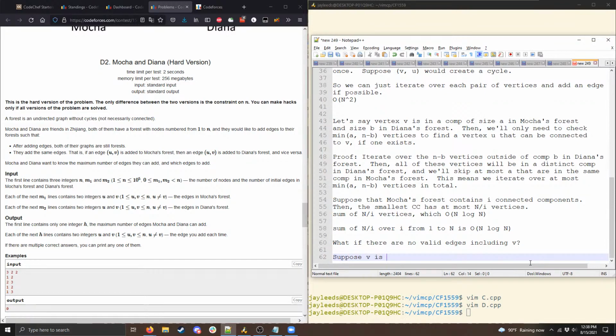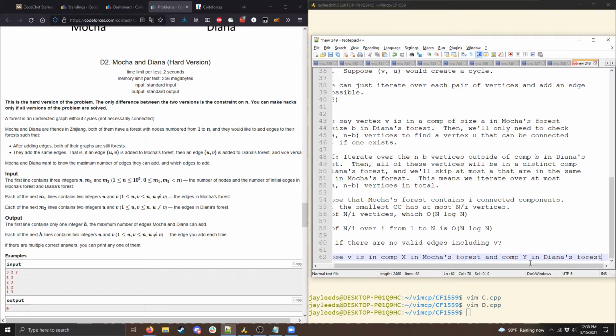Let's say V is in component X in Mocha's forest and component Y in Diana's forest.